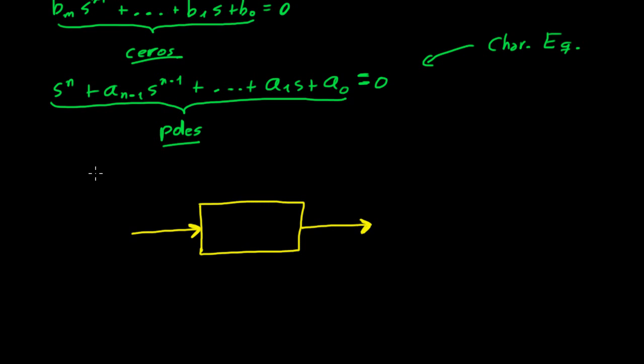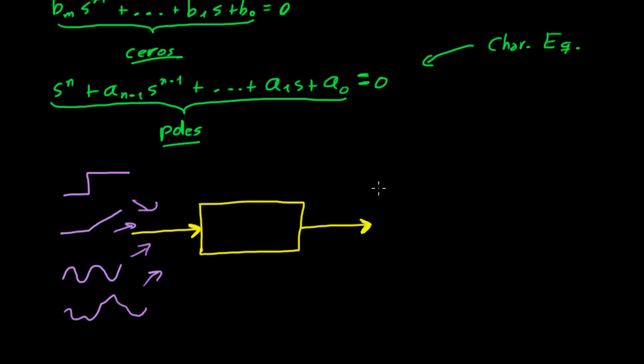Well, what we can do is to perform experiments on the system. We can apply certain inputs like this step input or this ramp input, or maybe a sinusoidal one, or any other kind of input. We apply them in one experiment or a series of them, and we register the outputs.